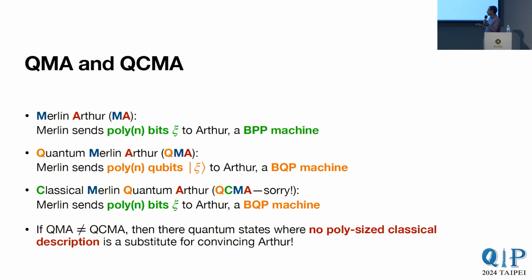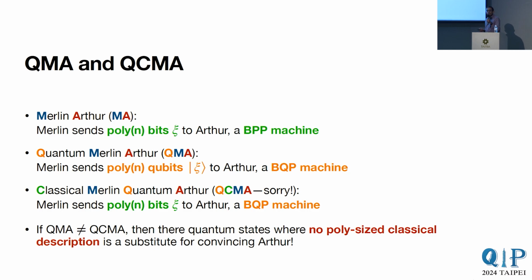The sensible way of doing that is to make Arthur quantum, but to keep Merlin's message classical. The opposite doesn't make sense, because if you get a quantum message and you're classical, you have to measure it, and then it's the same as classical. But this is not obviously the same as either QMA or MA, right? You get a classical bit string, but then you get to process it with a quantum machine.